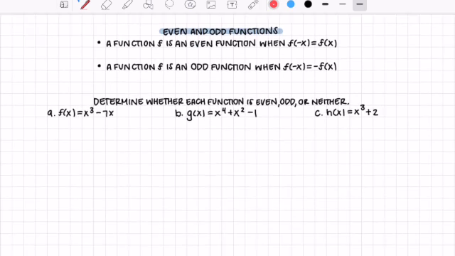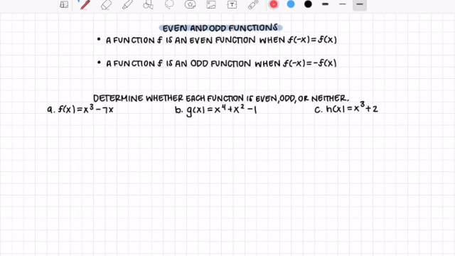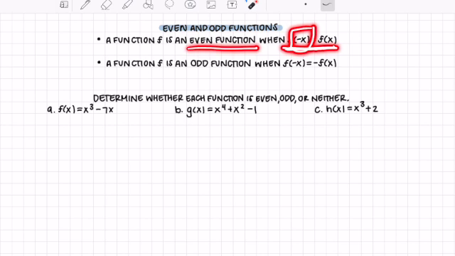Another way we can look at our graph or polynomial function is by determining if we have an even, odd, or maybe neither function. Now, the rule for an even function is that a function f is even when, if you substitute negative x for x, you still receive the same answer in the end.